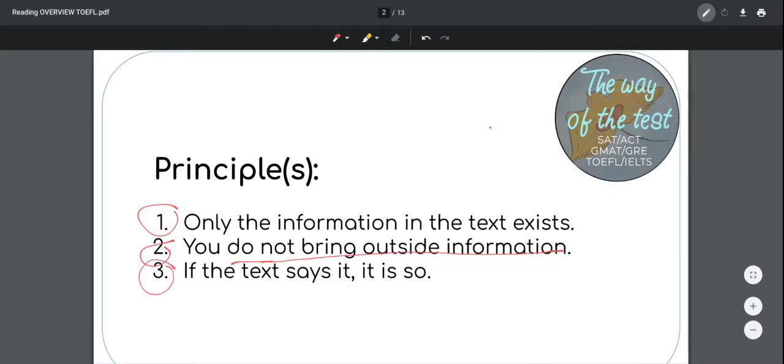Number 3 also stems from number 1, which is if the text says it is so. If you notice, all those 3 principles are basically the same. This is why I put principle or principles, because they're all derived from the fact that the only thing you have to take into account is the text. So whatever the passage says, whatever the text says, that is.